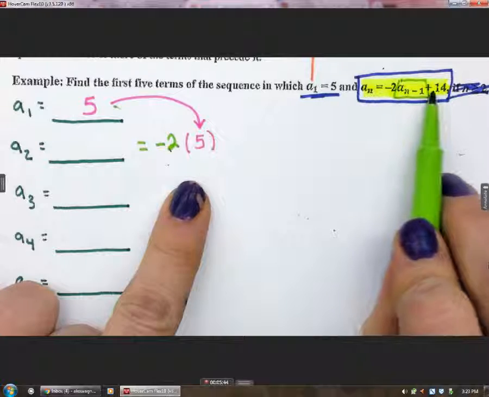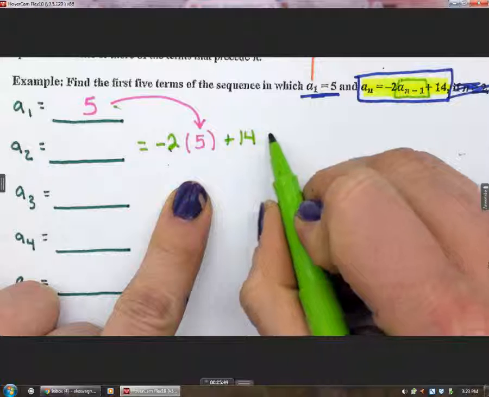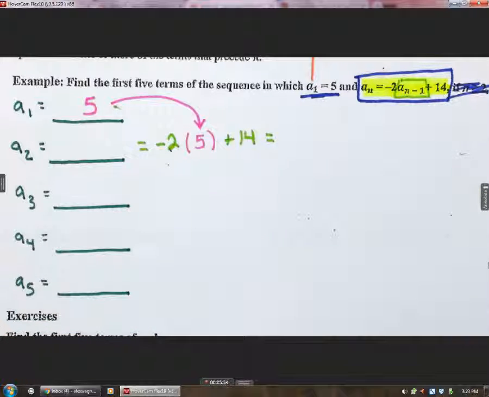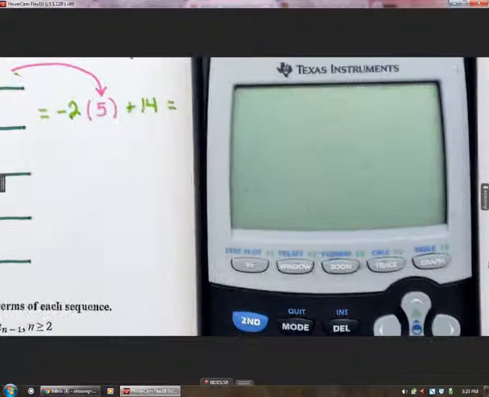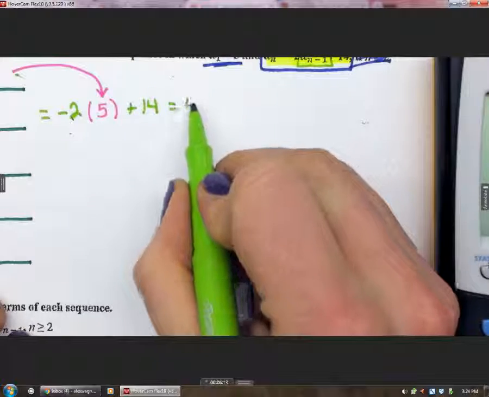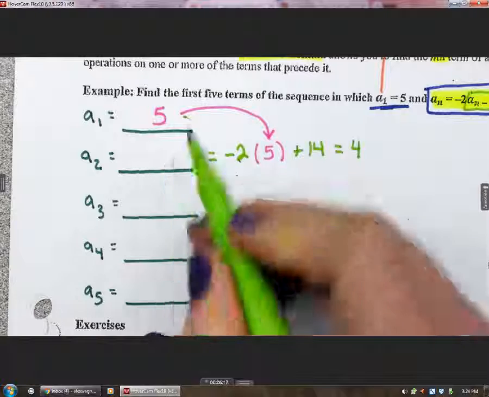Once I get that in there, then it's just plus 14. I can type this in my calculator. Negative 2, parenthesis 5, plus 14 equals 4. So that number 4 is my answer for the second stair step.